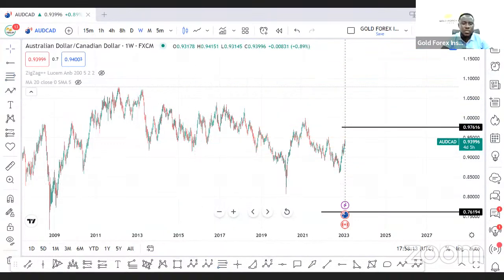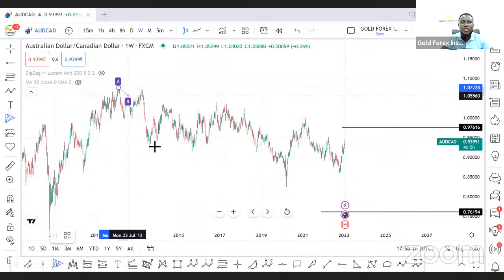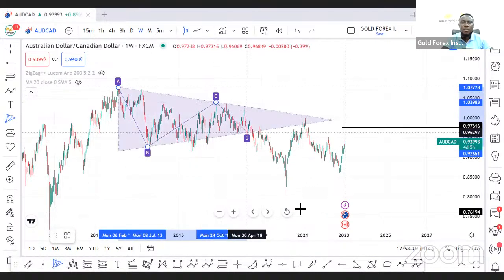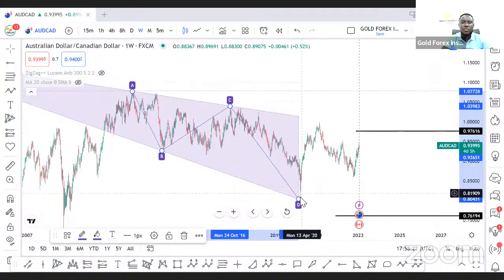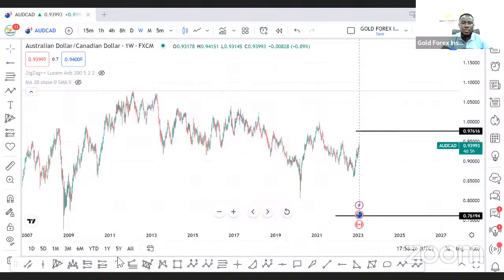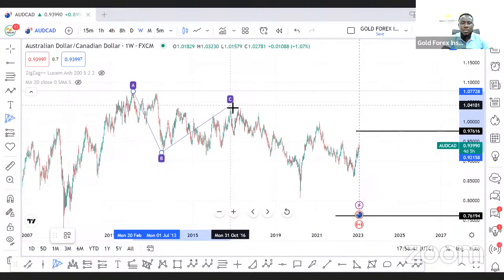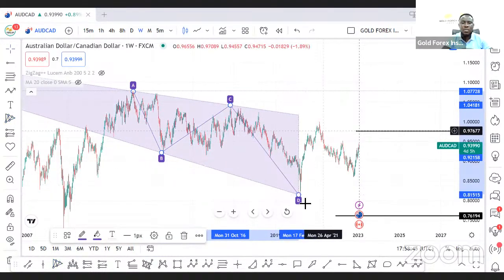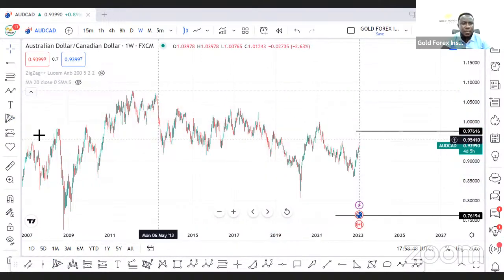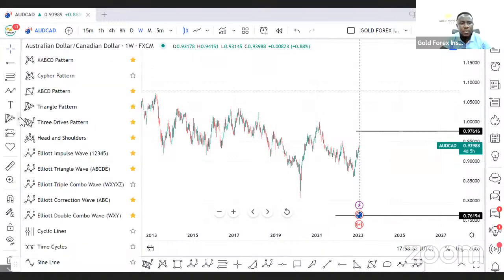Okay. So it will be more or less like a three drive pattern formation. More or less like this. Oh, this is not the pattern. You see there is three drive. All the patterns have this thing here.